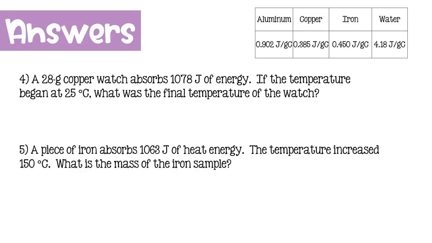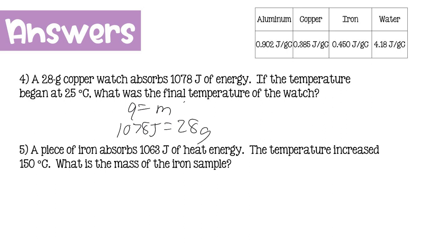Now let's try number 4. A 28-gram copper watch absorbs 1,078 joules of energy. If the temperature began at 25 degrees Celsius, what was the final temperature of the watch? Well, we know that the energy, Q, equals 1,078 joules. And the mass, m, is given as 28 grams.